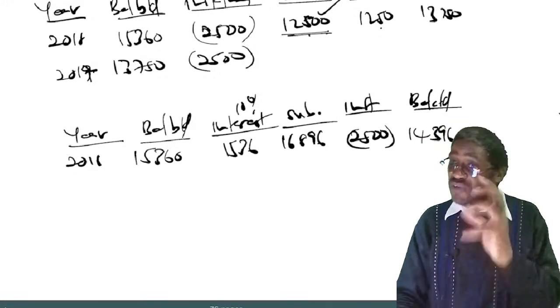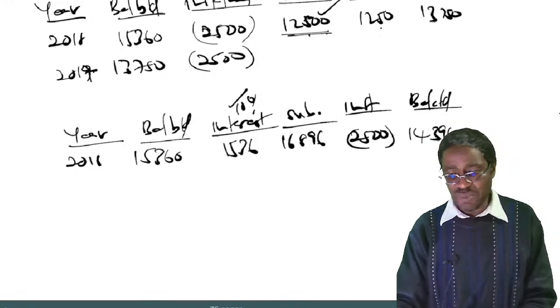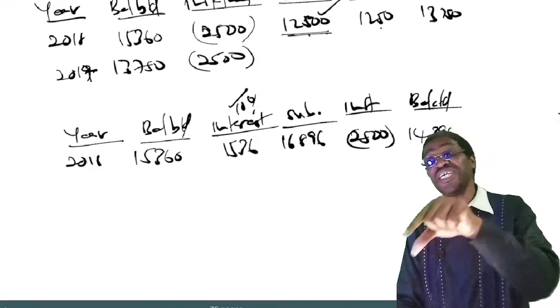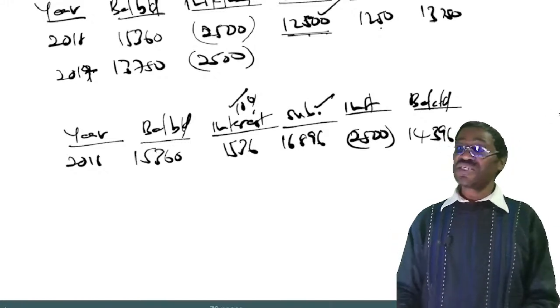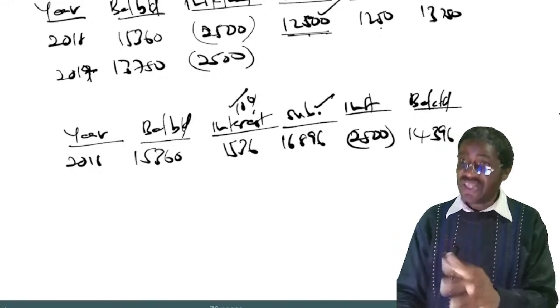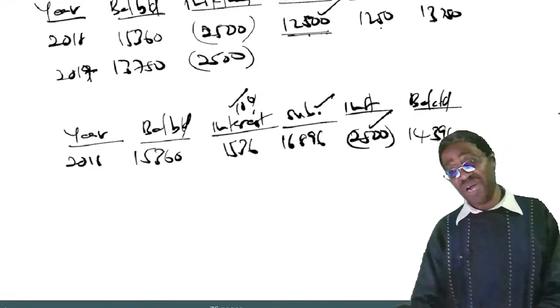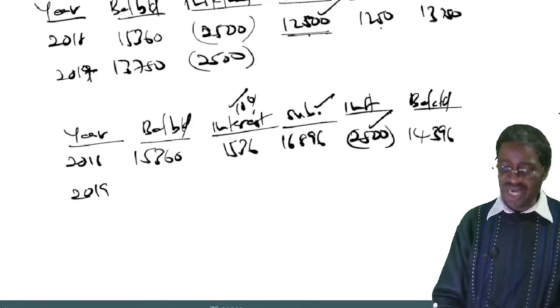So if we are paying our installments in arrears, the next column after brought down should be the column of interest. You charge interest for the whole year. Then you get the total liability at the end of the year. Then you pay your installments at the end of the year. Then you get the balance of the liability remaining. Then you come down to 2019 and so on.